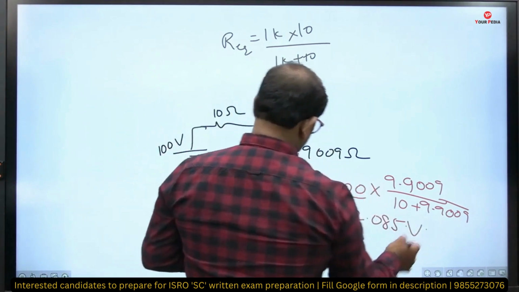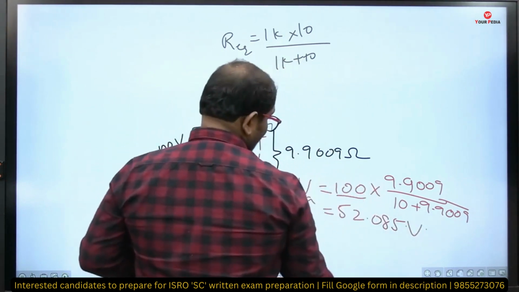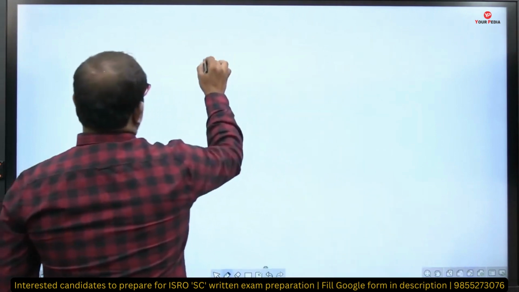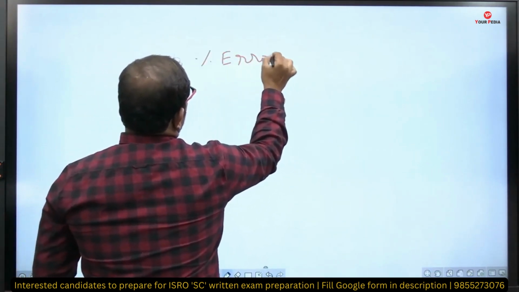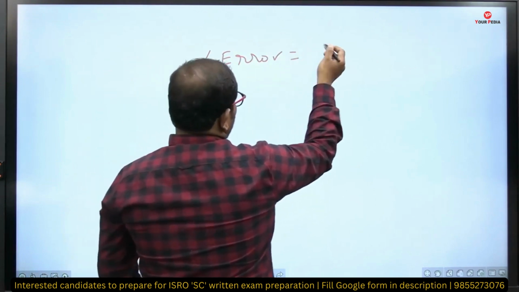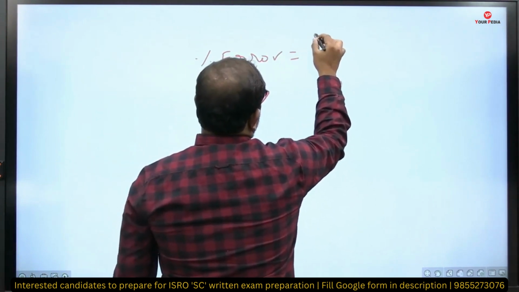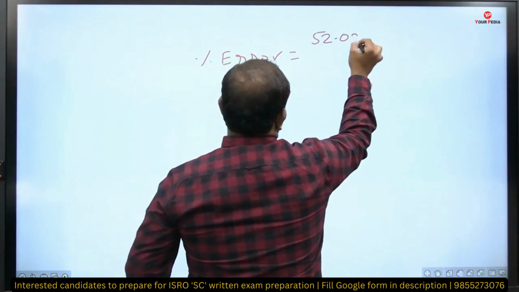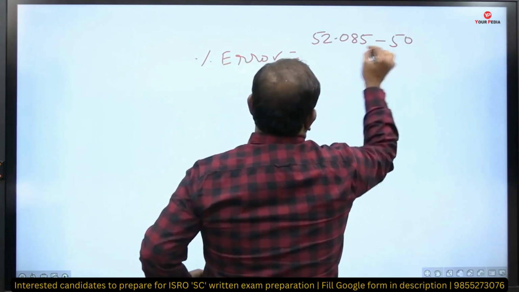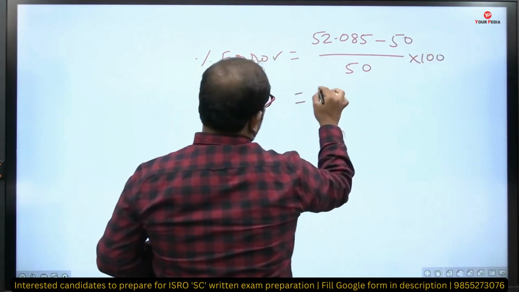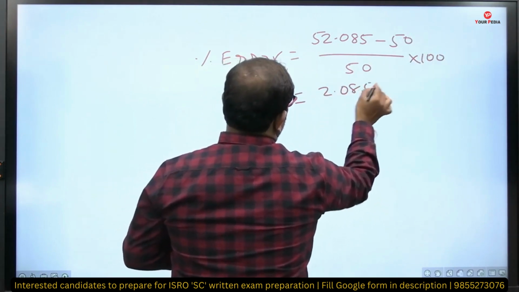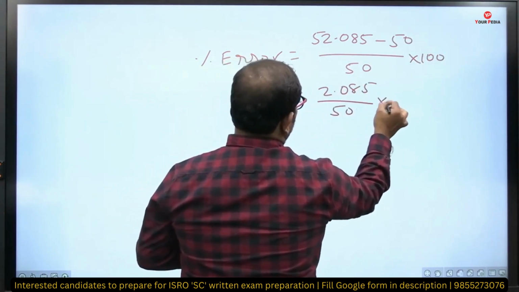This is in volts. Now let's calculate the percentage error. The percentage error is equal to actual voltage 52.085 minus 50, divided by 50, into 100, which is 2.085 by 50 into 100.